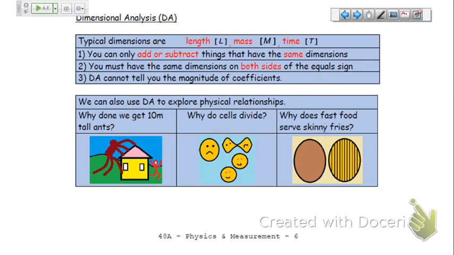If I made it 10 times wider, 10 times higher, 10 times deeper, I'd have 1,000 times the volume, 1,000 times the need of energy, but only 100 times the surface area. So it would take 10 times longer to cook. So that's what the food industry knows. The food industry knows that if I make skinny French fries, they'll cook quicker.